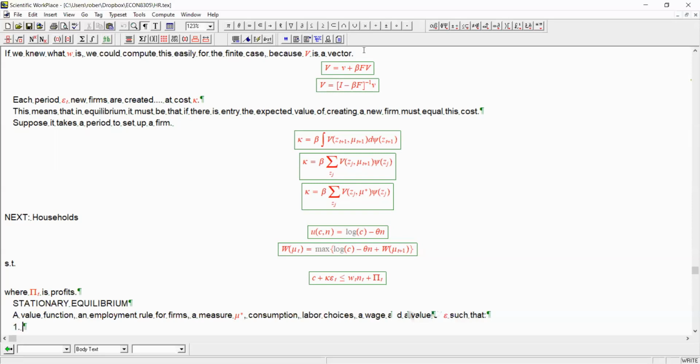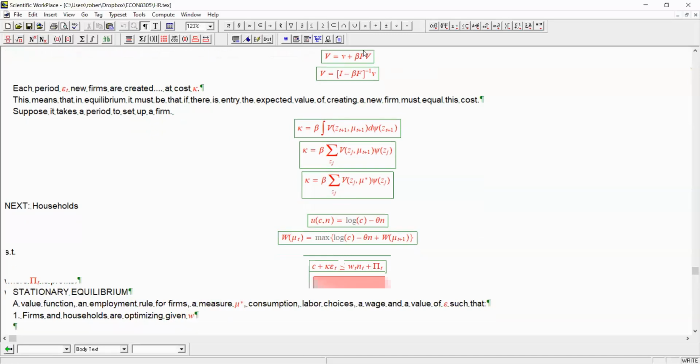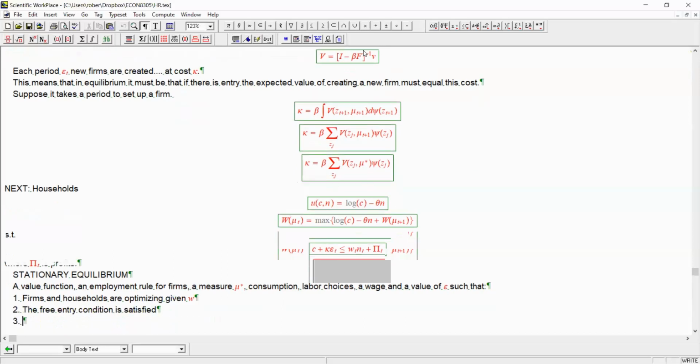First, firms and households are optimizing given W, which is the only price in this economy in a stationary situation. Two, the free entry condition is satisfied in all dates.